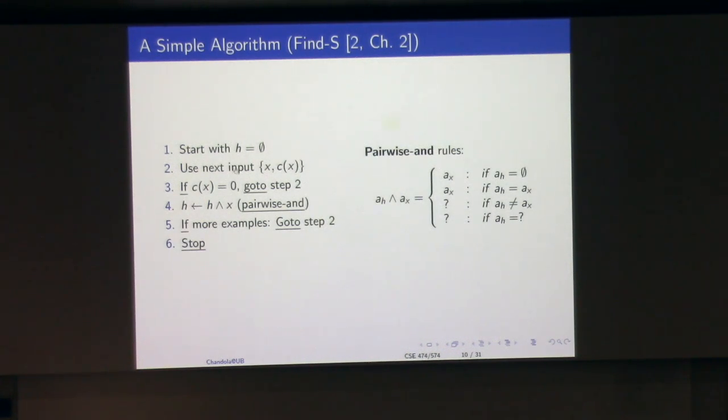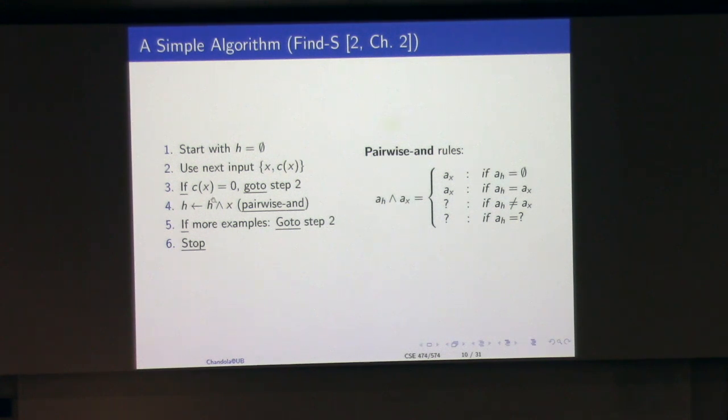Then what we do is we look at the first training data that I get, and then I see what its label is. So if it's 0, which means it's benign or it does not belong to the concept, then I discard it. I do not update my target concept, right? My H will stay what it is.